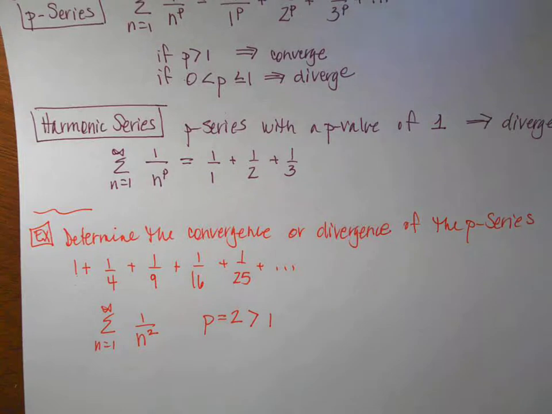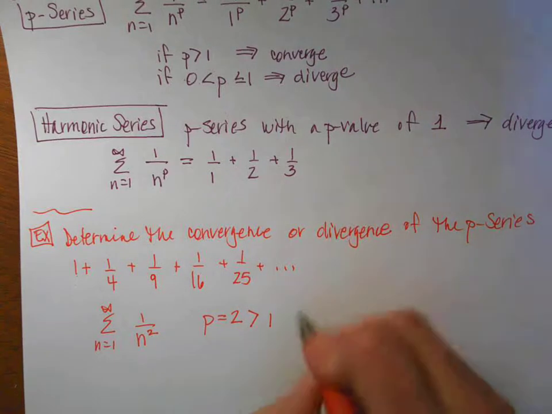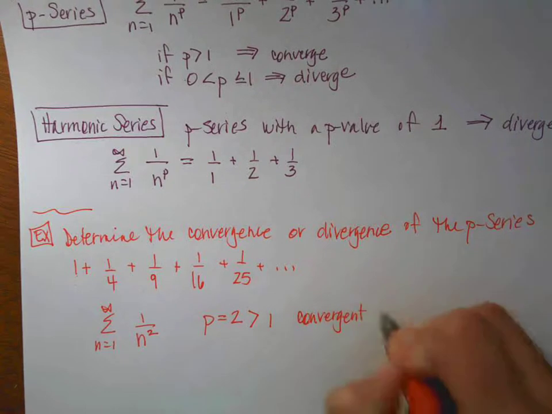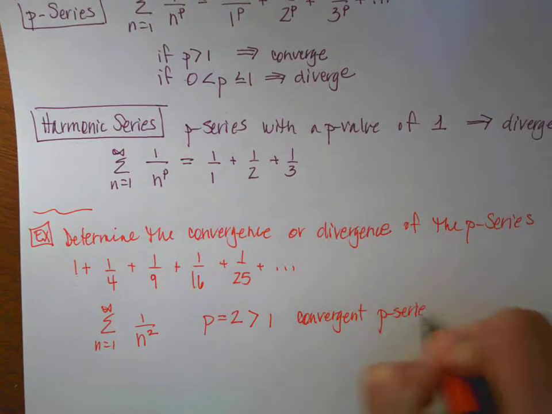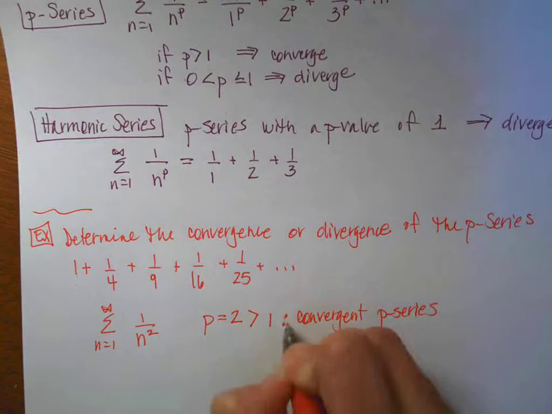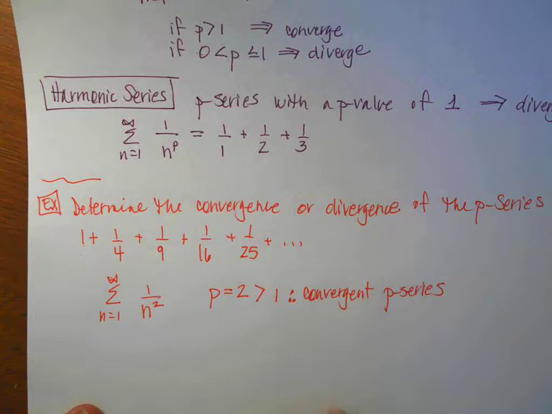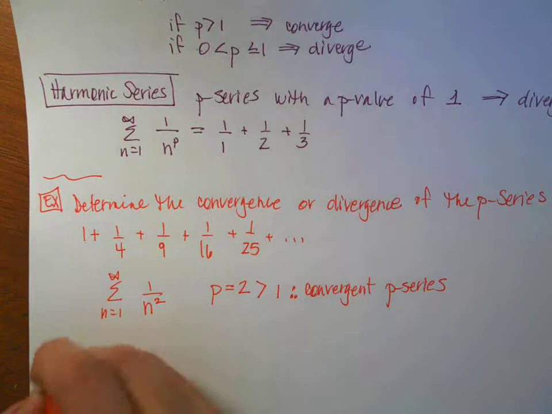And since p is equal to 2, this is greater than 1, so therefore we know that we have a convergent p-series. That wasn't horrible. Okay, so I'm going to put my little therefore dots in there. So therefore we know that it is a convergent p-series.